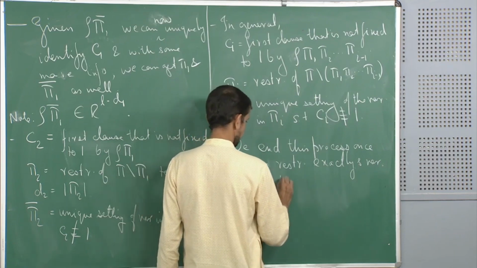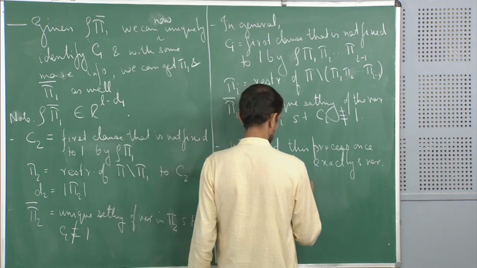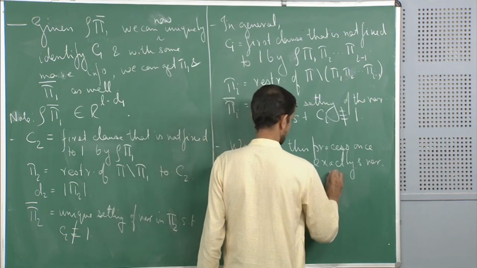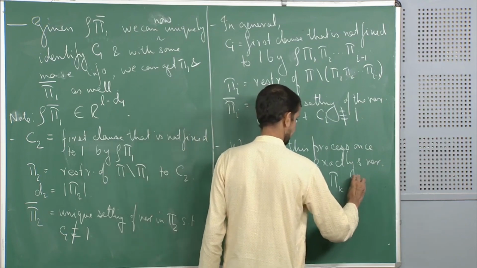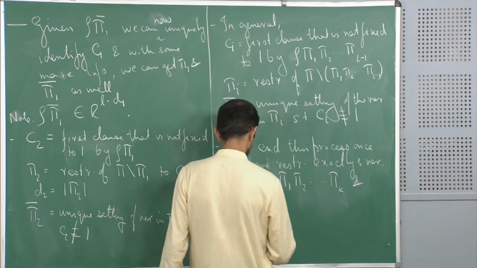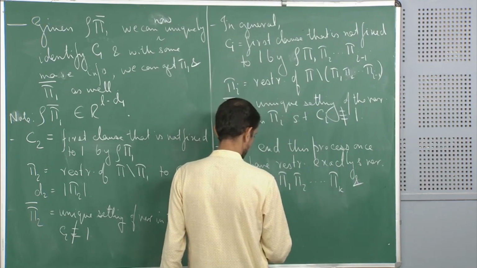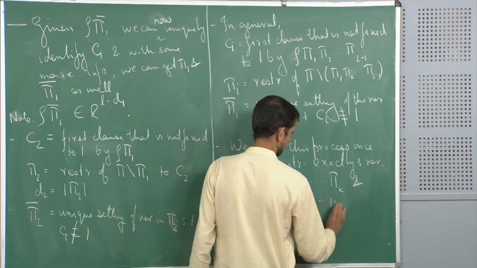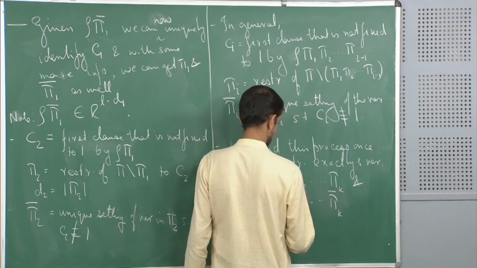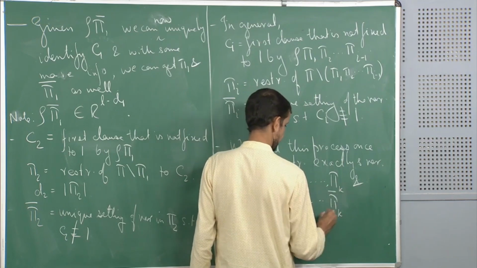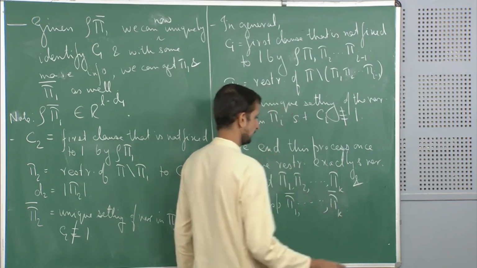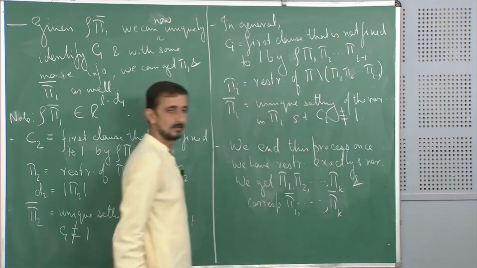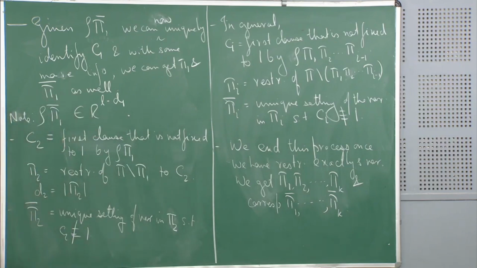So, we get pi 1, pi 2 up to pi k, and correspondingly pi 1 bar up to pi k bar. So, what are we saying?